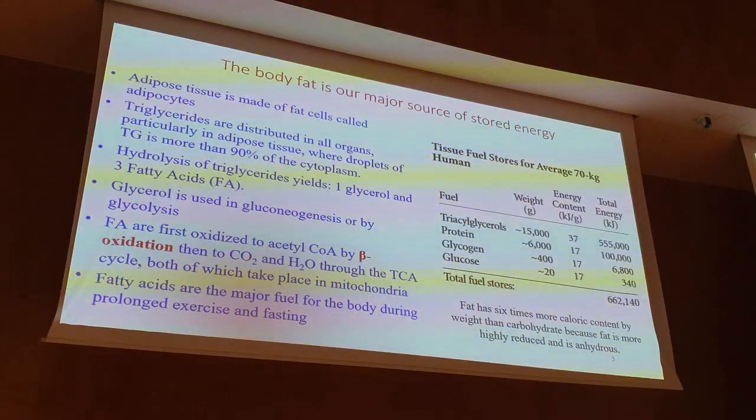You're going to get glycerol and then 3 fatty acids. And you know most of this now. The glycerol is used in gluconeogenesis and converted into glucose. The fatty acids are then broken down into acetyl-CoA, and that's what we have to look at today.